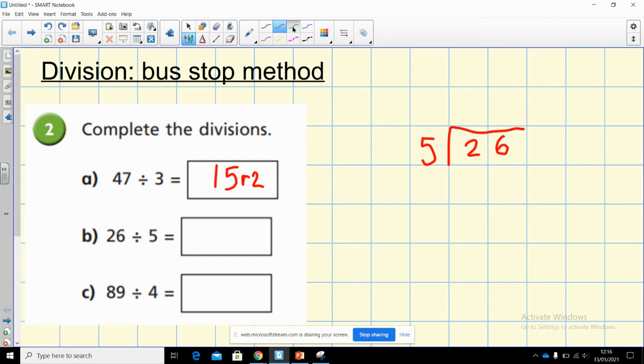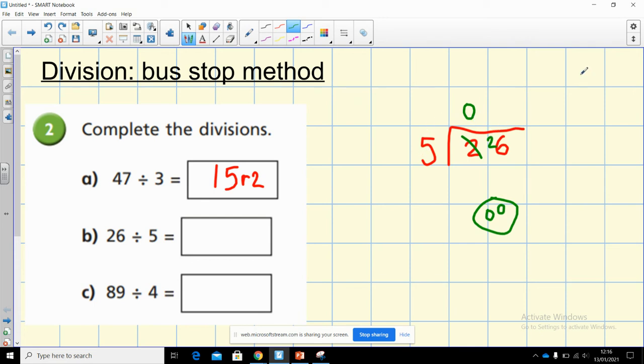So the first thing I'm going to do, how many 5s in 2? Oh, right, okay, let's have a look. So a group of 2. How many 5s in 2? There aren't any 5s in 2, are there? I've only got 2. So what we do here is we cross the 2 out and we move it across next to the next number. So we've got no 5s in 2, but I can't just forget about that, so I'm going to move it across here. So now I'm saying how many 5s in 26?